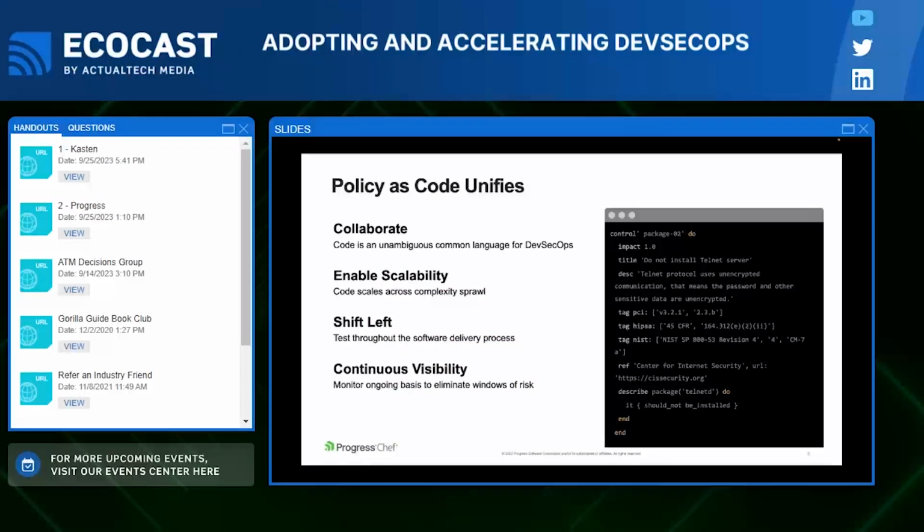So policy as code is one unified document that you can use to specify not only how an environment should be configured and set up, but how we should test it. What that environment should do. And then from a security perspective, what security controls does it need to implement and achieve, and what security levels do we need to hit in order for this environment to be successful?